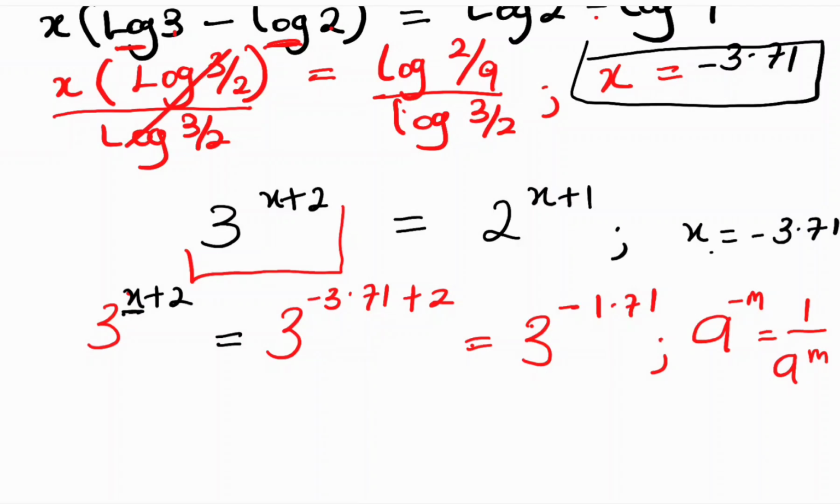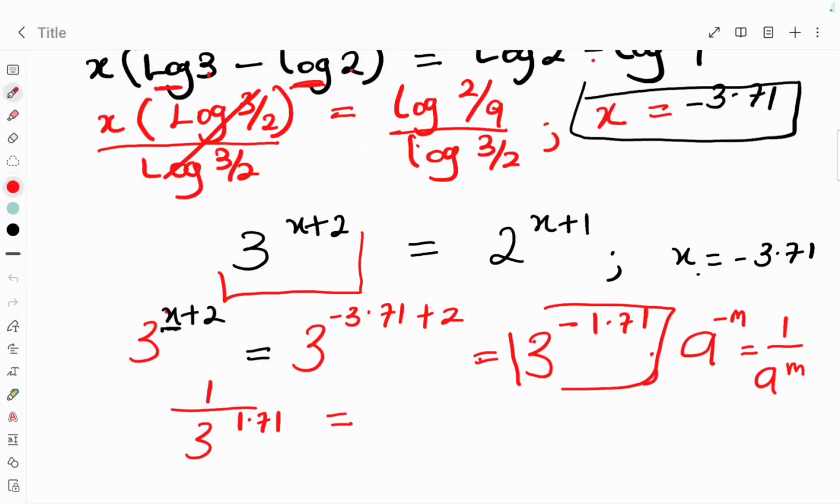So we are going to apply it in this particular form. If you apply it, all you have is 1 over 3 to the power of 1.71, which is the same thing as, when you key this into the calculator, 0.1527 and so on.